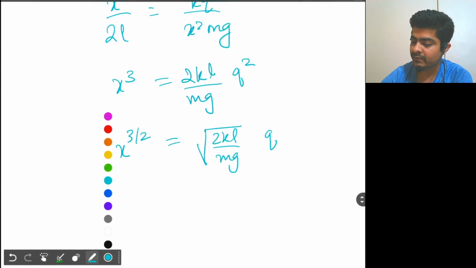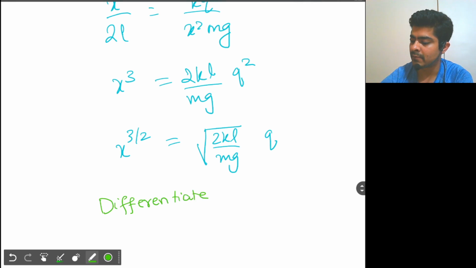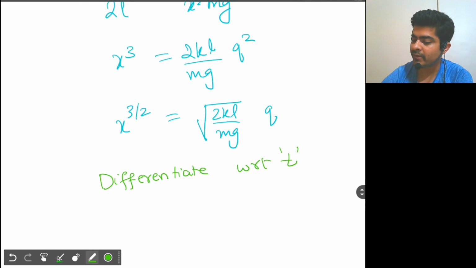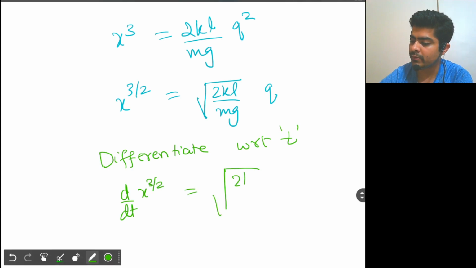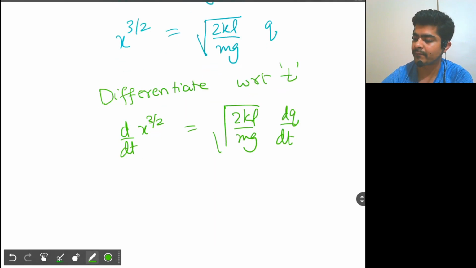Now differentiate with respect to time. When you differentiate, you apply the chain rule. So d by dt of x power 3 by 2 equals root 2kl by mg times dq by dt. First this power will come out, 3 by 2.